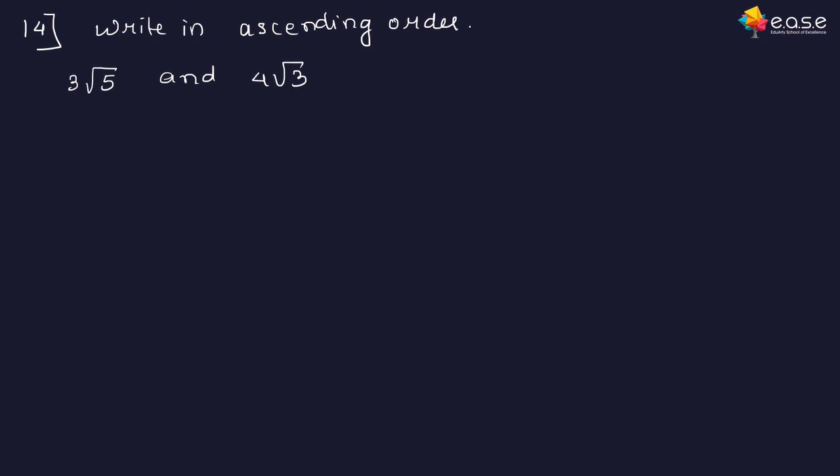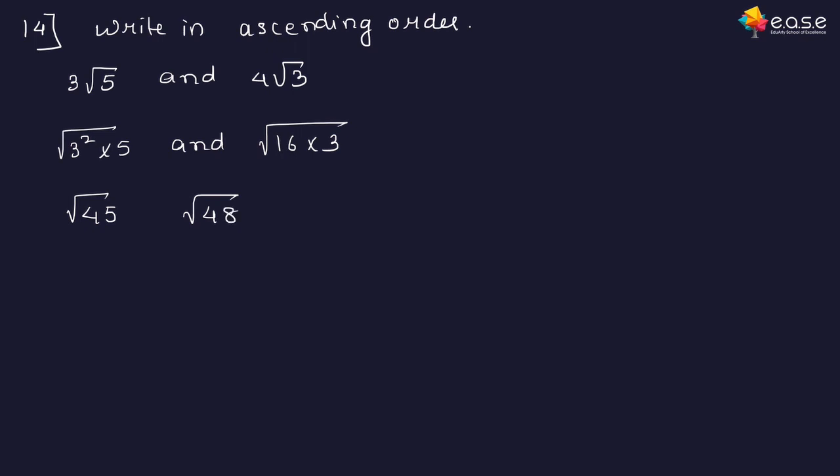This 3, we will take it inside the root, correct? If you take it inside the root, it will become a square. This will become 3 square times 5, and this will become root of 16 times 3, correct? 3 square is 9, so this will become root of 45, and this is going to be root of 48.